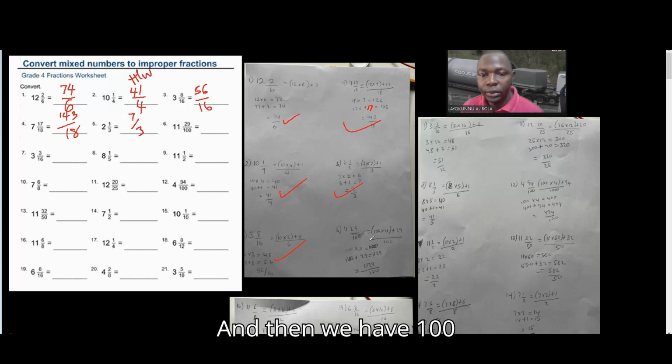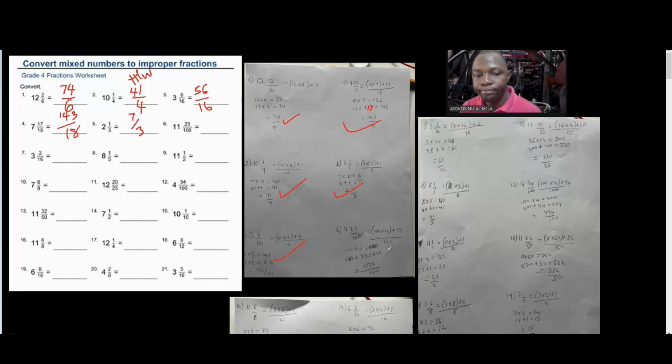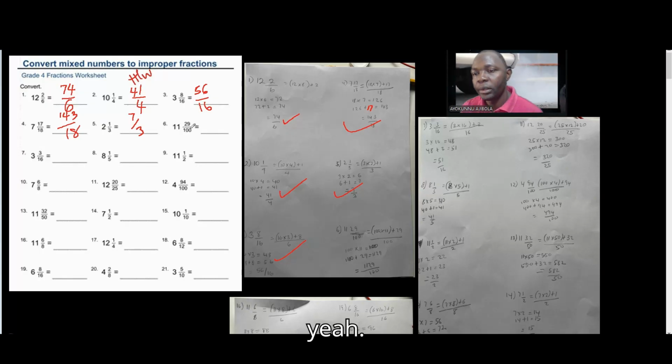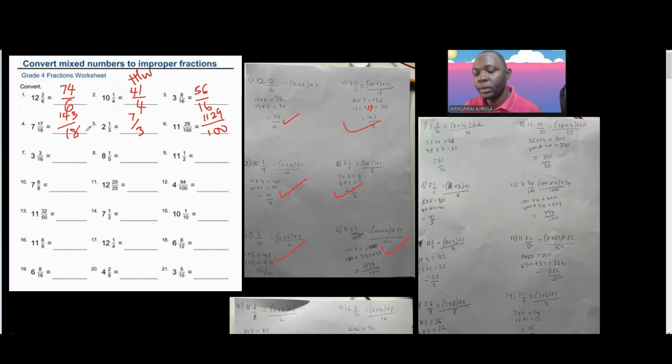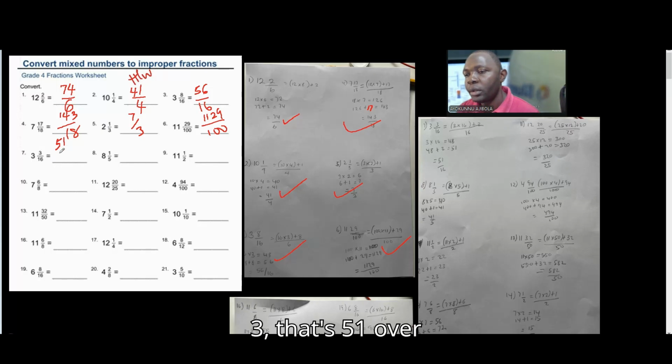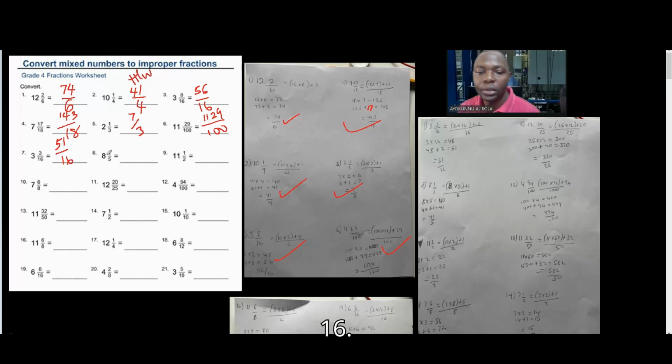And then we have 100 times 11, 1129 over 100. That's also correct. Then we also have 48 plus 3, that's 51 over 16.